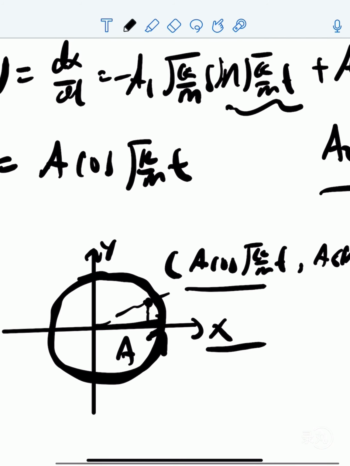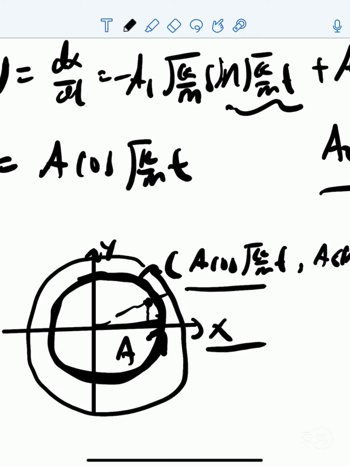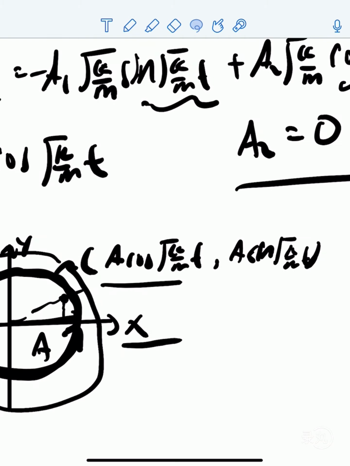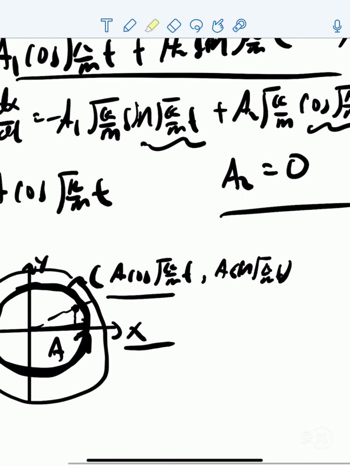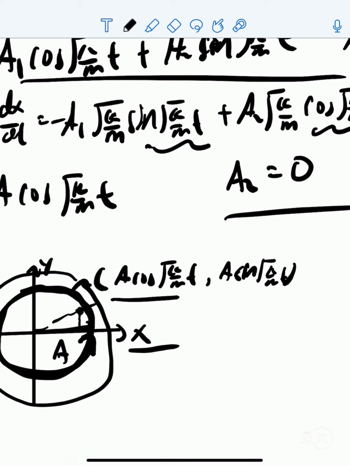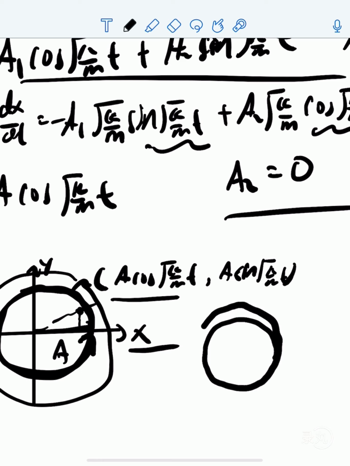So this point is turning with a constant angular velocity, and we'll talk about it later. By constant angular velocity, I mean the point is turning on the circle with constant speed, just like this.